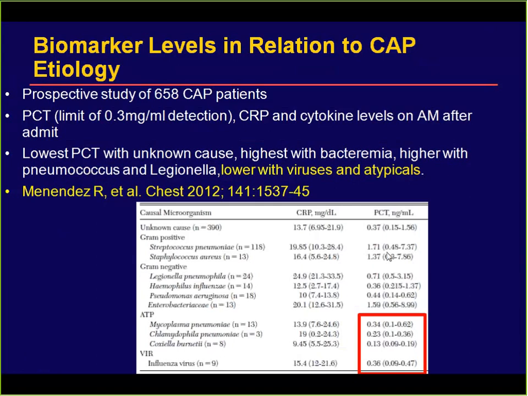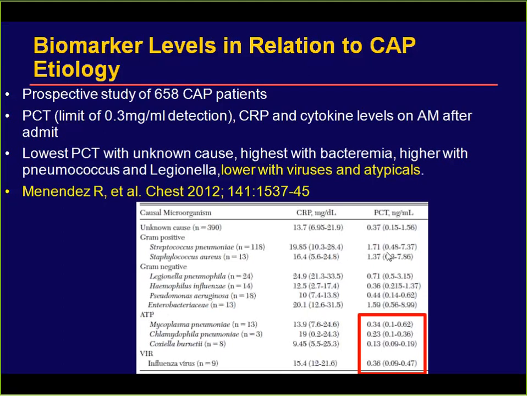So it was not a perfect tool. It was definitely lower with viruses and atypicals. It was higher with Legionella than some of the other atypicals. So you probably would end up maybe withholding antibiotics with mycoplasma and chlamydophila, and you might not want to withhold antibiotics in that setting, and you would probably end up using antibiotics with Legionella.